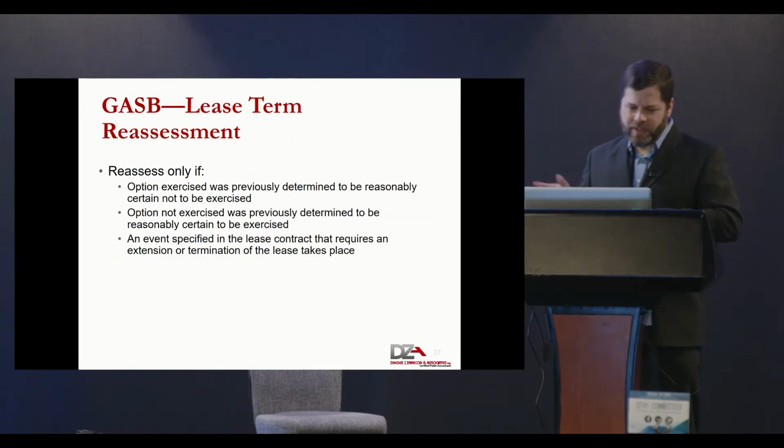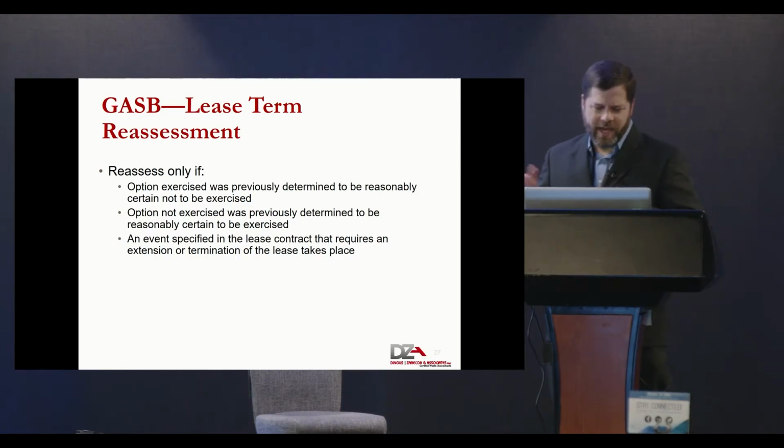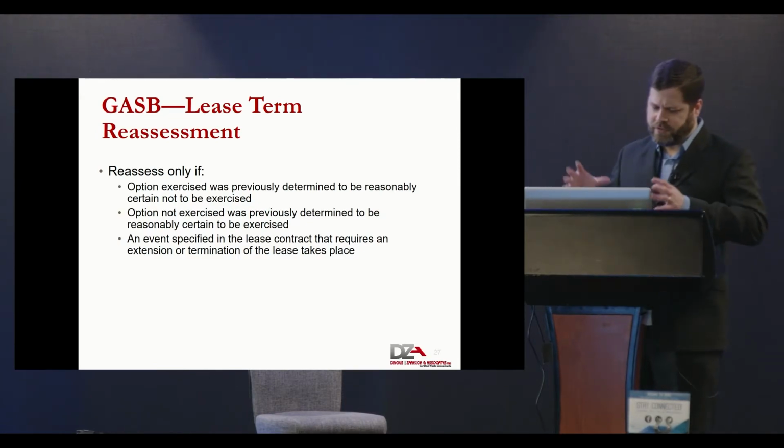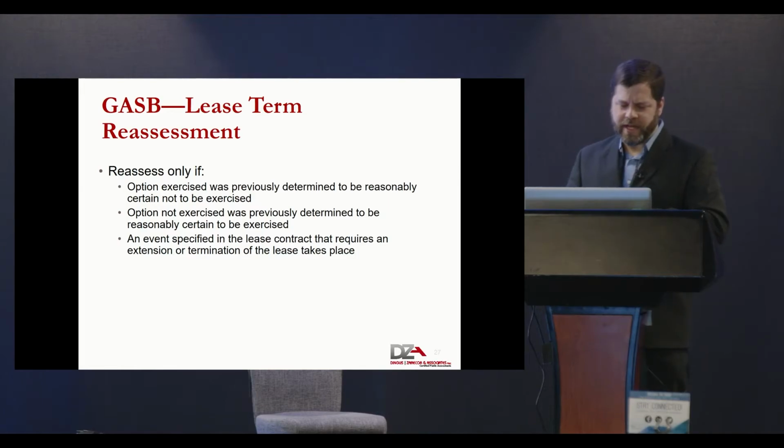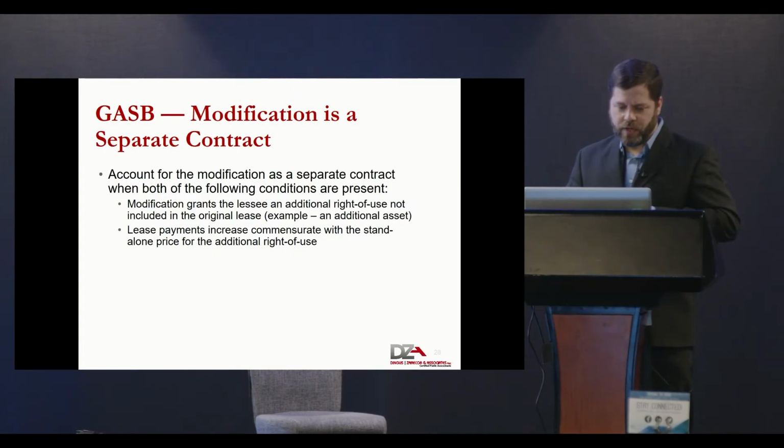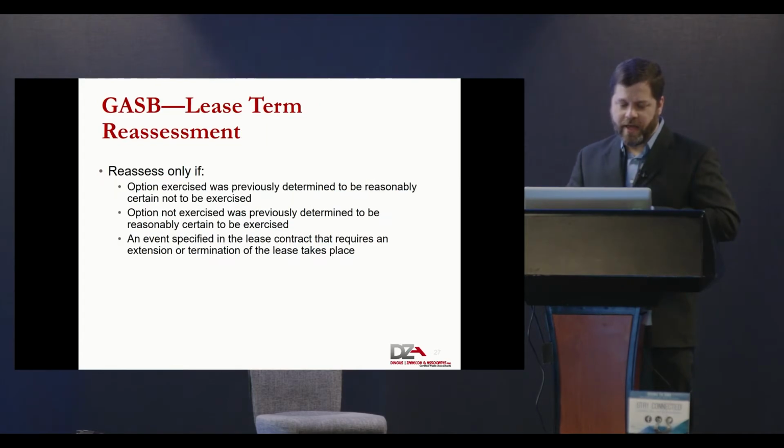I'm going to skip through these next few slides. In both the GASB and FASB section, I have some slides on if you need to reassess or revalue or modify the contract, because these are further down the line, and I decided I should really focus today on the initial implementation, since this is the first year this new standard is going to be effective.